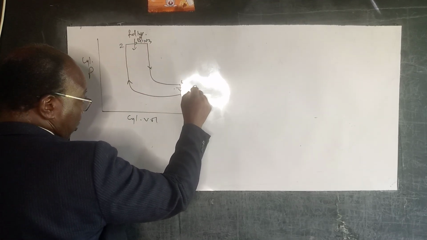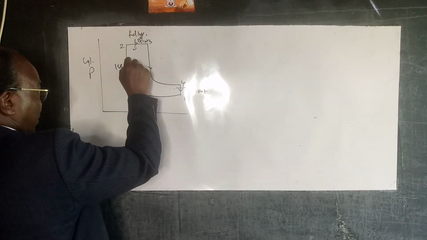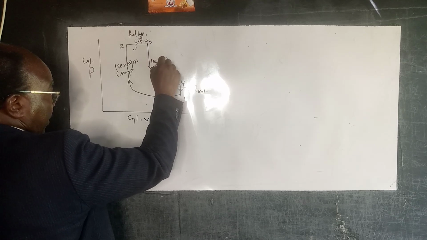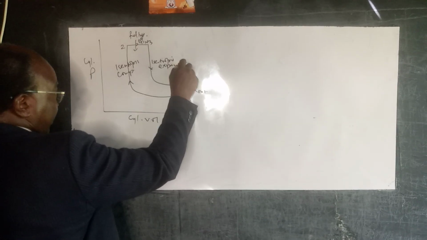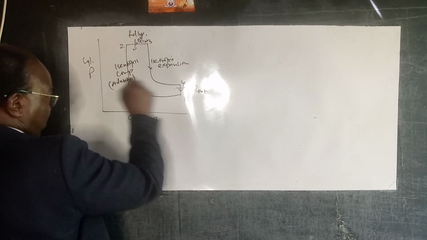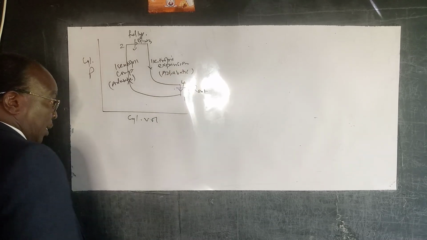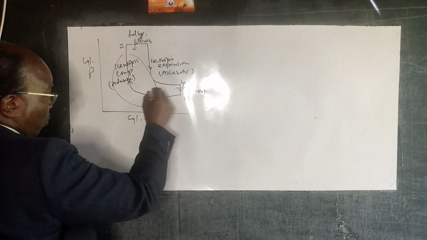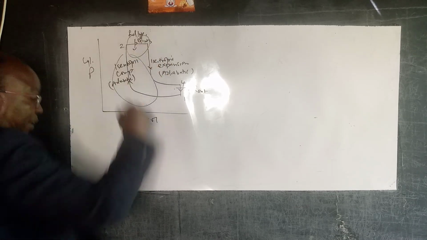Here we have Q out. This is isentropic compression. This is isentropic expansion. And both these two processes are adiabatic. Now we want to focus on these two processes here.